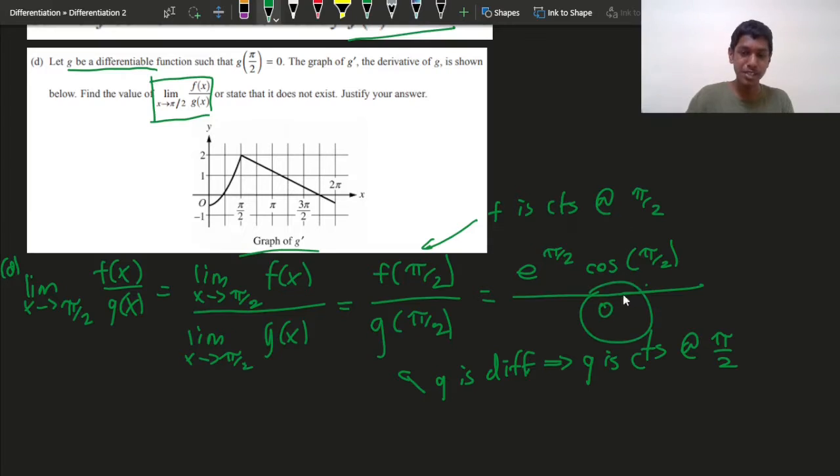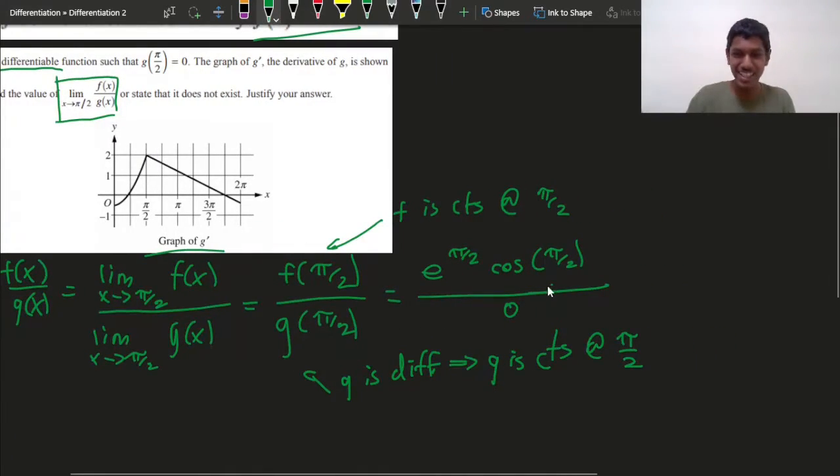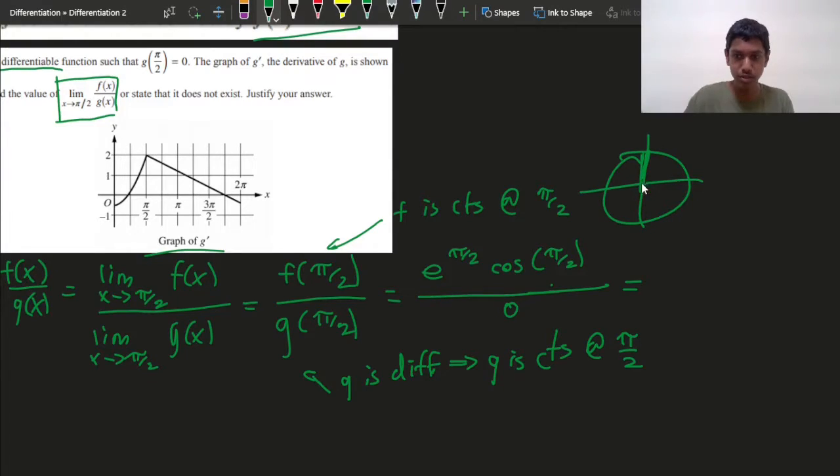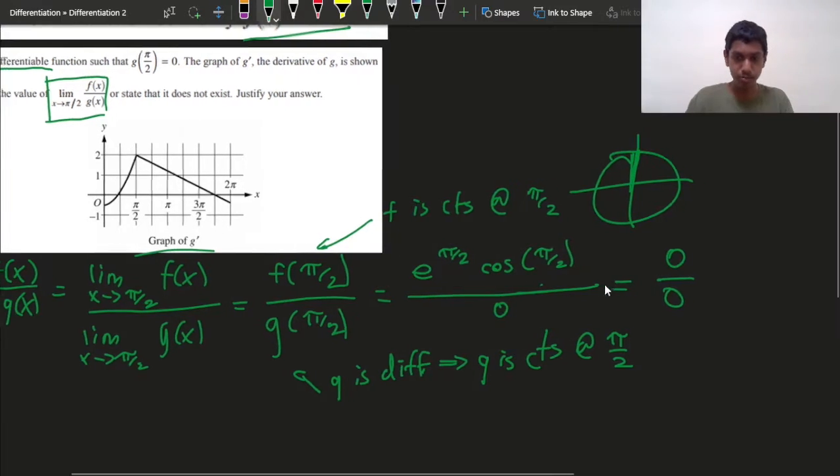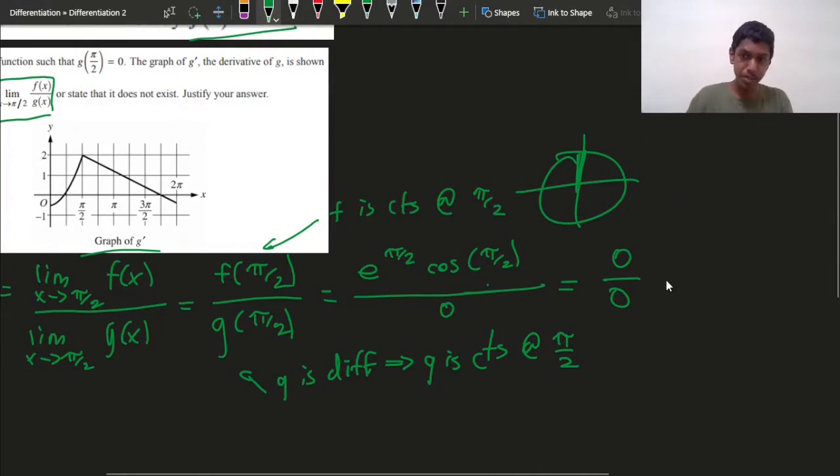And right away we have a 0 in the denominator, which is very unfortunate. That's a red flag. And not only do we have 0 in the denominator, but if we evaluate cosine of pi over 2, right, your unit circle, pi over 2 is right there, it's going to be 0. And 0 times this is just going to be 0. So we have an indeterminate form here.